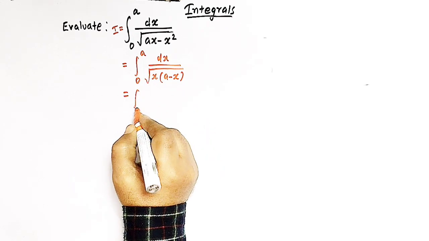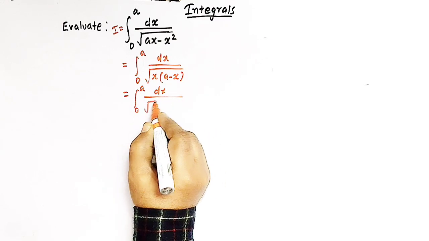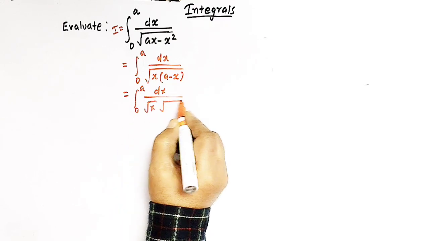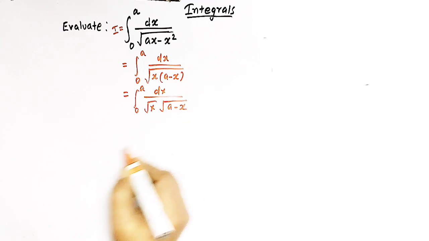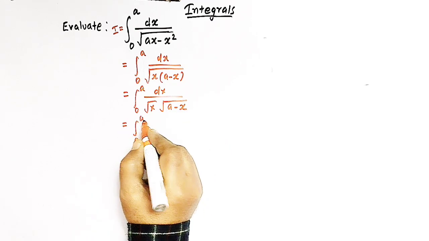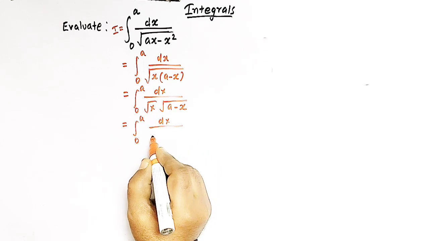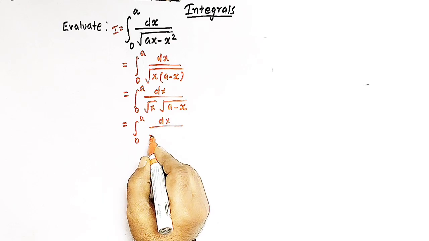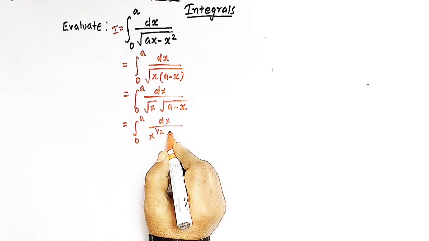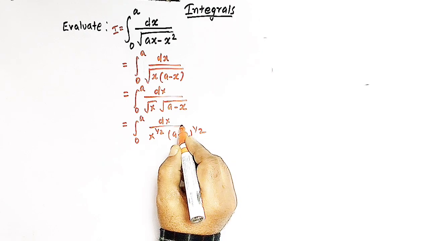So let us further write it as dx over square root of x times square root of (a minus x), right? Okay, now we can write 0 to a, and here we have dx, and here square root of x can be written as x raised to half, and here we can write (a minus x) raised to half, right?